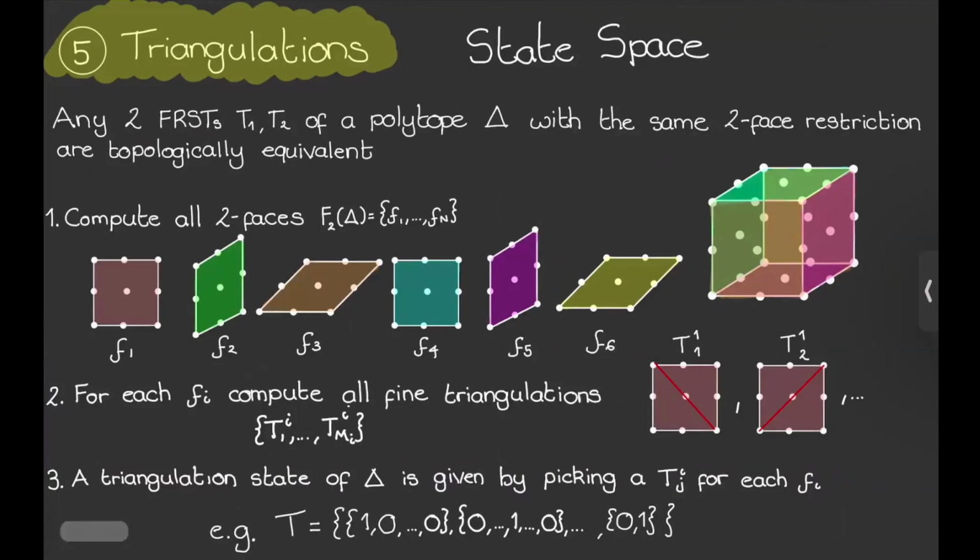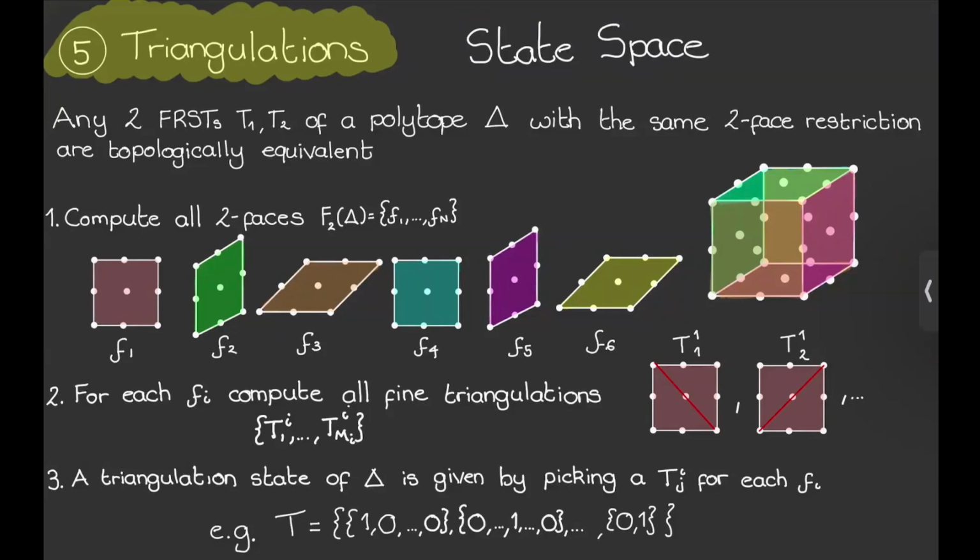So, how do we encode our triangulation states? The way we do this is with a nice little trick that I have to admit I learned from a group at Cornell who are doing very similar work to this. They're also trying to generate these FRSTs, using genetic algorithms.